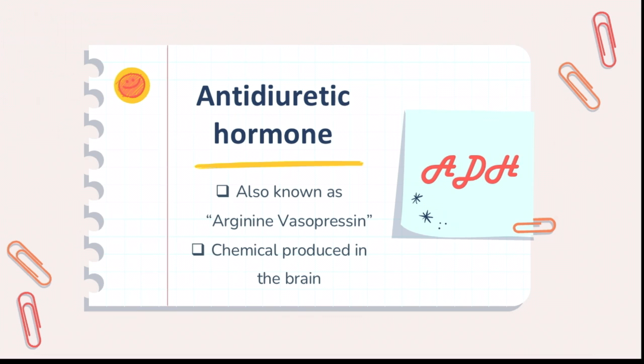The antidiuretic hormone, ADH, also known as arginine vasopressin, is a chemical produced in our brain that causes the kidneys to release less water. Decreasing the amount of urine produced, a high ADH level causes the body to produce less urine, and a low level results in greater urine production.